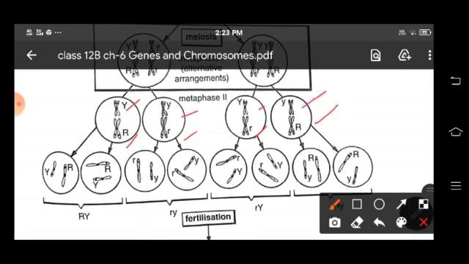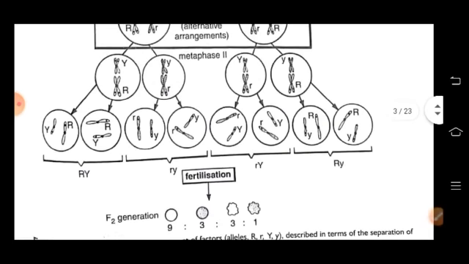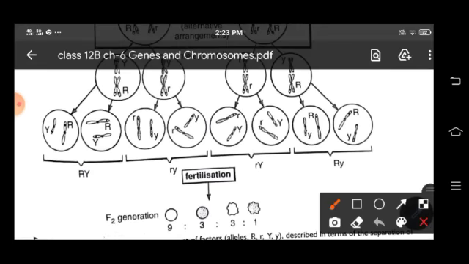So in the F2 generation, after fertilization, the ratio is 9:3:3:1. Here these are round and yellow, these are wrinkled and green, again wrinkled and green, and round and green.